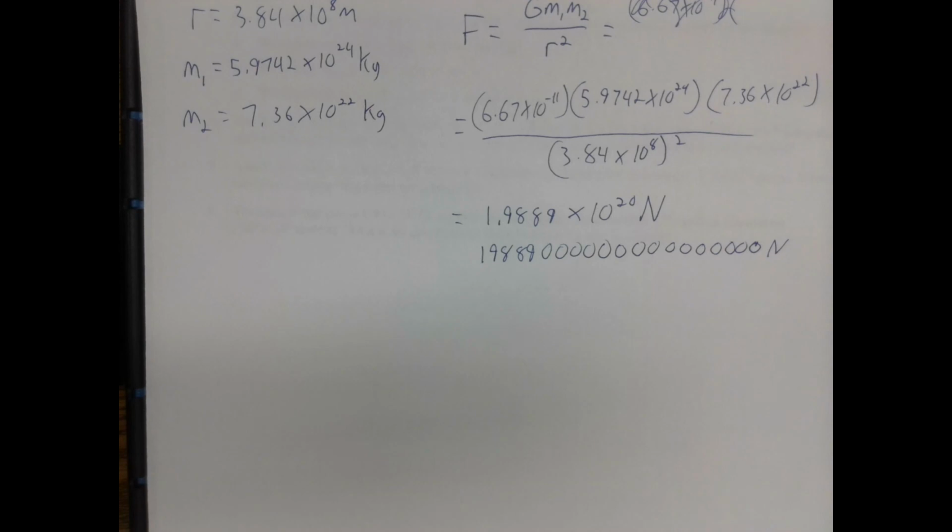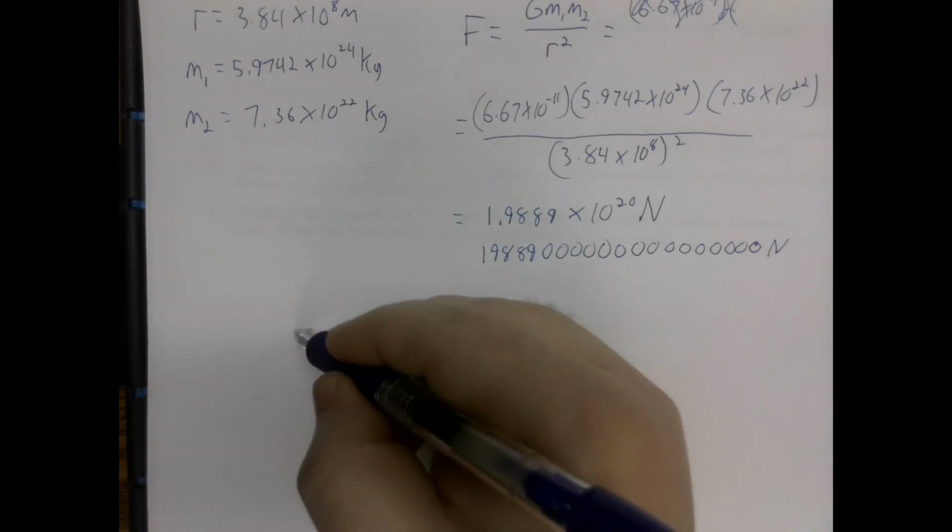Let me ask you this question. Which weight is bigger, only looking at the moon and the Earth? Earth's weight or the moon's weight? Ignoring the sun, which pulls more strongly?